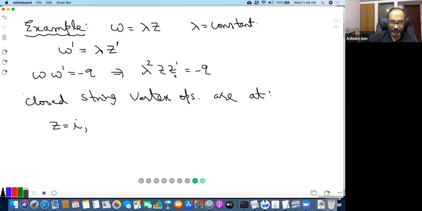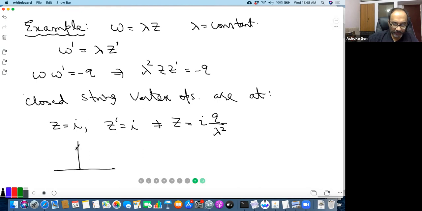You could also use Z prime, but let's use the Z coordinate. And Z prime equal to I. If you look at this relation, this translates to Z equal to I times Q by lambda square. So in the upper half plane, the vertex operators are at I and I Q by lambda square.